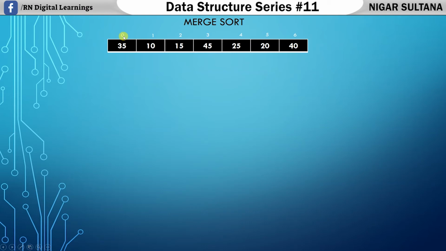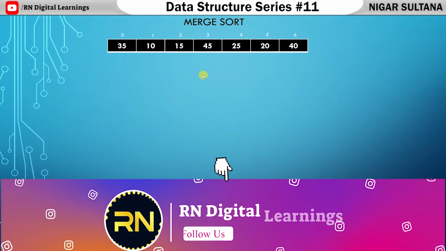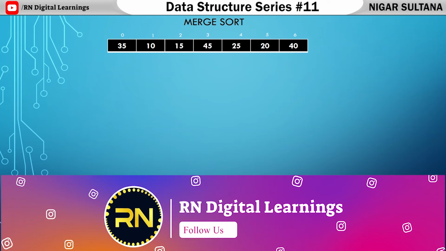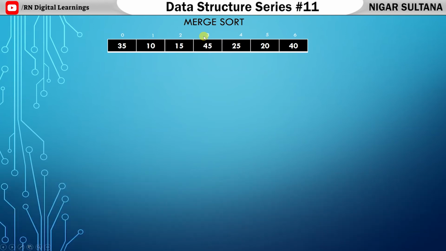We have the low value as 0 and the high value as 6. 0 plus 6 is 6, divided by 2 gives 3. So 3 is our mid value. Now how will you take this to the left part? From 0 to mid will be the left part, and from mid plus 1, that is 4, to high will be the right part.